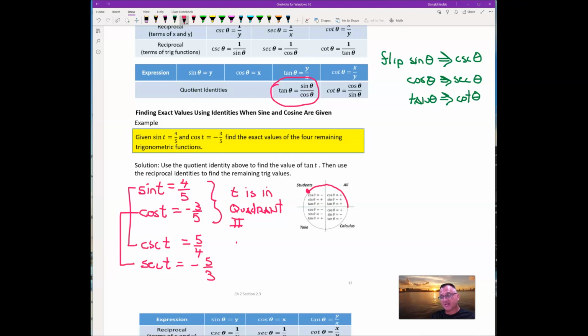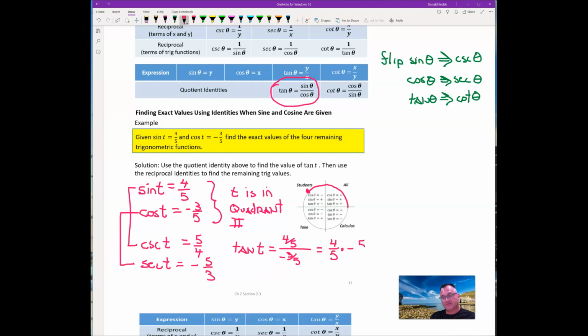So to get the tangent of t, I'm going to take the sine, which is 4/5, and I'm going to divide it by the cosine, which is negative 3/5. So to divide fractions, you multiply by the reciprocal of the denominator.